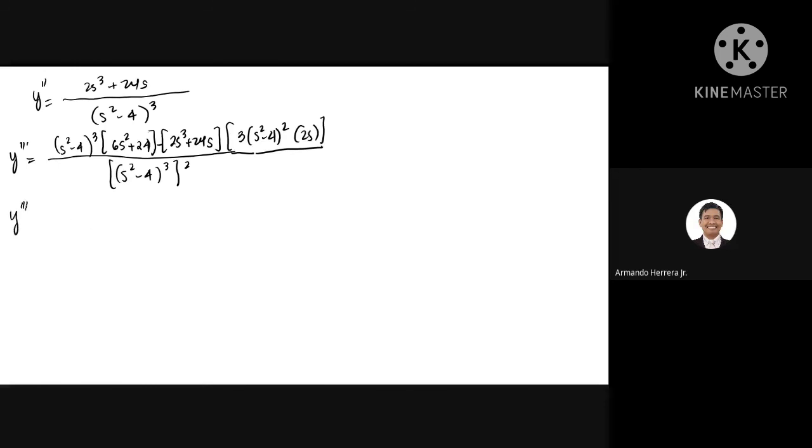Then y triple prime here is over (s squared minus 4) to the sixth. We have the cube squared, so factoring that squared out, you have here 6 and 24. So we have 6 times the quantity s squared plus 4. The 6 here is a common factor, I can factor that out.